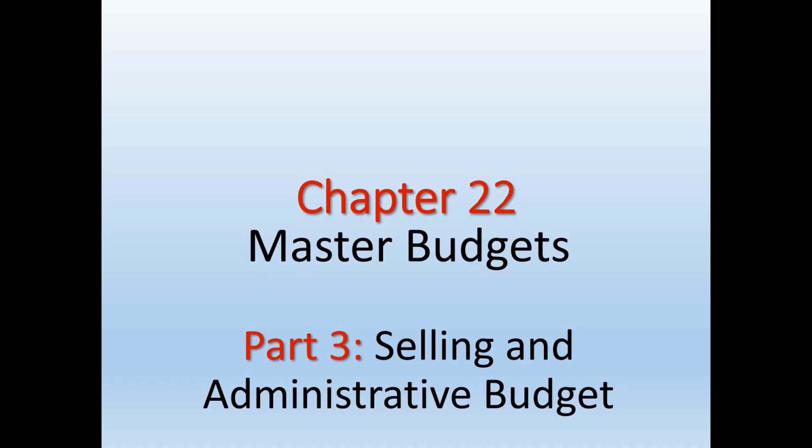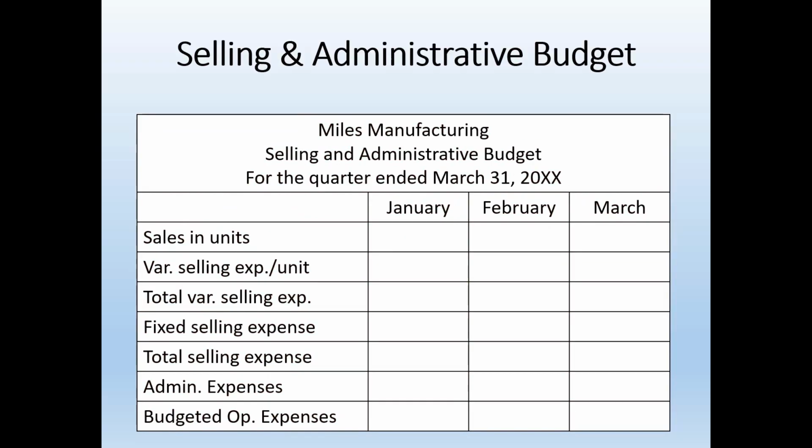In Part 3 of Chapter 22, we will prepare a selling and administrative budget for Miles Manufacturing. The selling and administrative budget is generally based on the number of units that the firm sells, not the number of units that are produced during each month.